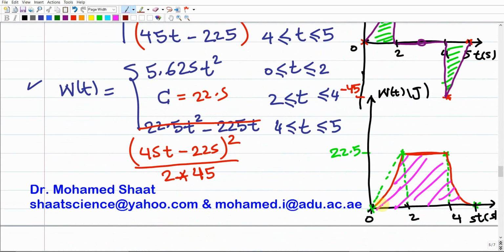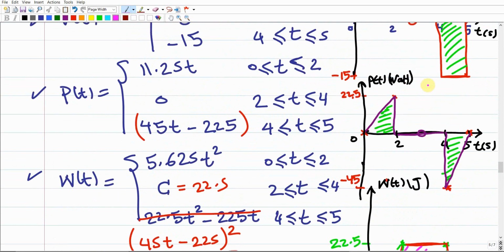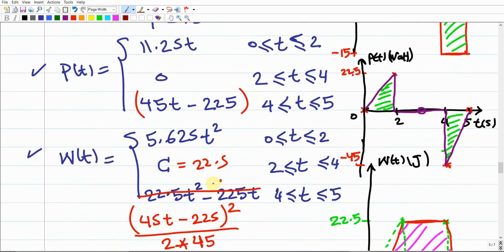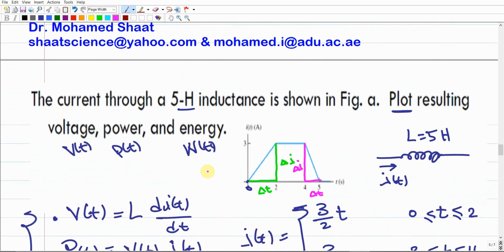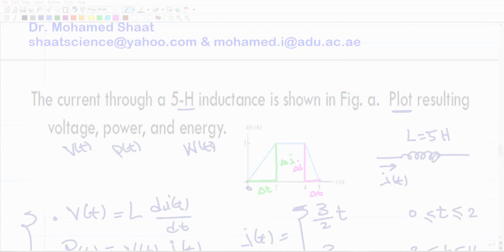As you can see, the energy over the inductor increases and stays constant for a while, then it will be dissipated, it will be consumed, since the power is already negative here. So all the figures are consistent together, and this is for this example on the inductor, the voltage, the power, and the energy over it.